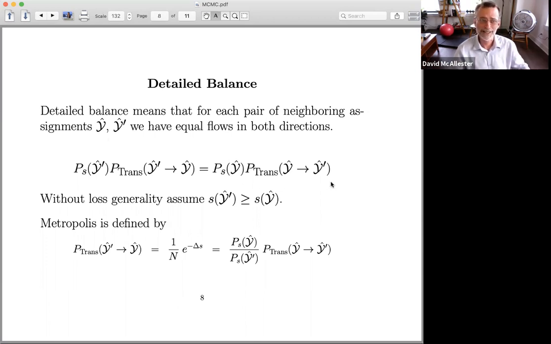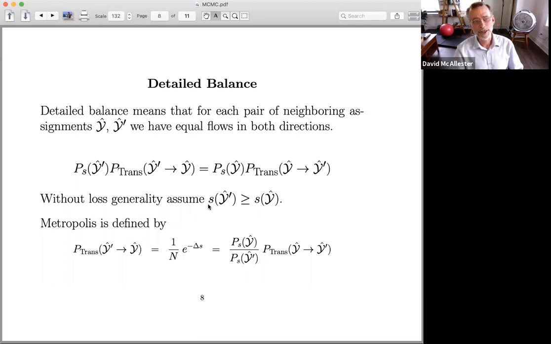The flow across that edge is the same in both directions. And so the flow from y prime to y is just the amount of mass in y prime times the probability that I take a transition from y prime to y, and similarly in the other direction.